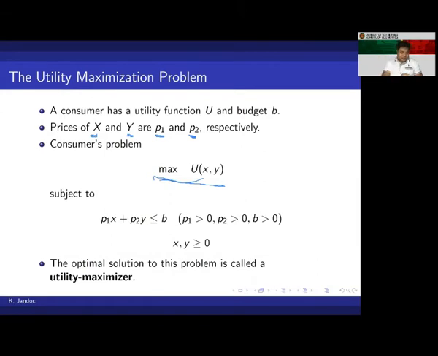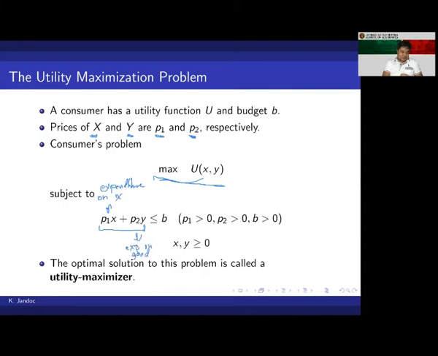Again, you know this by now. What is this left-hand side? P1x is his expenditure on good x, and P2y is his expenditure on good y.